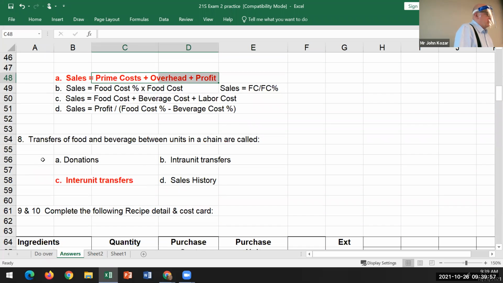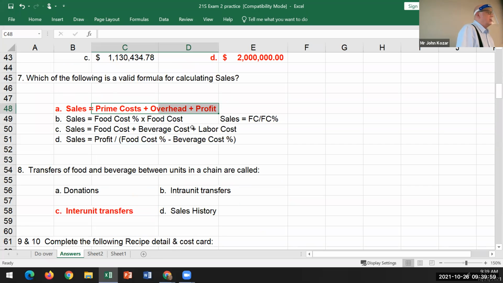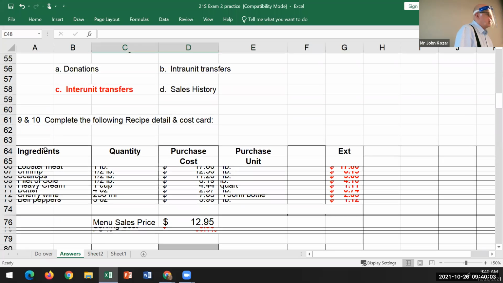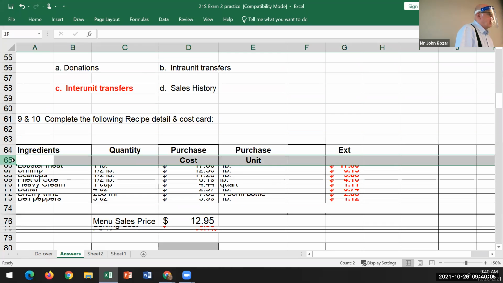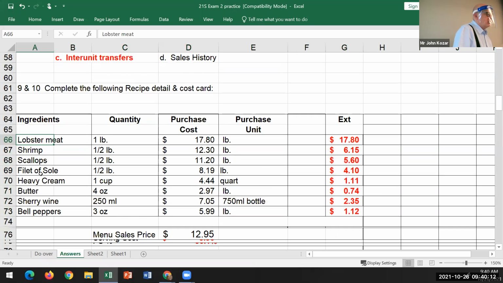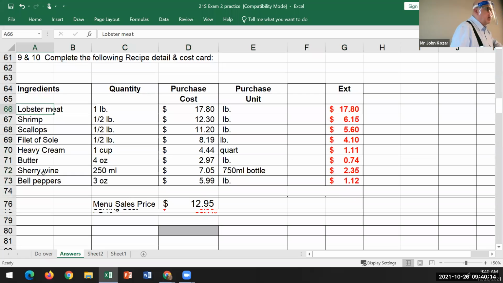Okay, transfers, we did that. Y'all got number 7? So we have a recipe detail, cost card. So this is what I got, $17.80, $6.15.